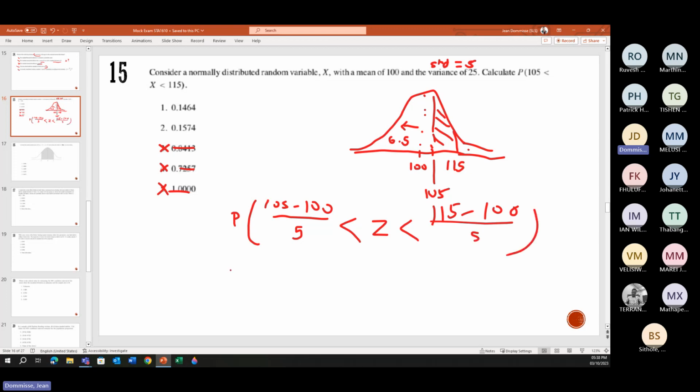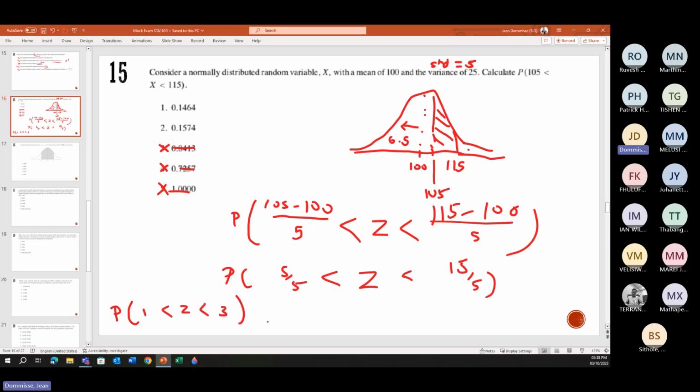So we're then going to work between probability of 5 over 5 and 15 over 5, which is between 1 and 3.